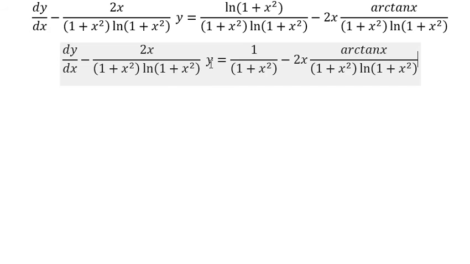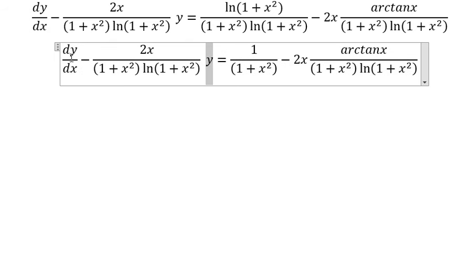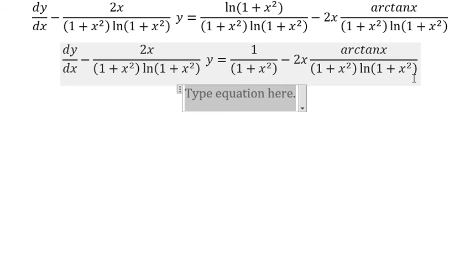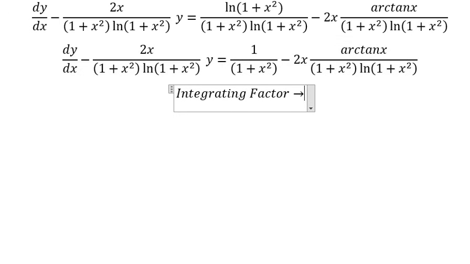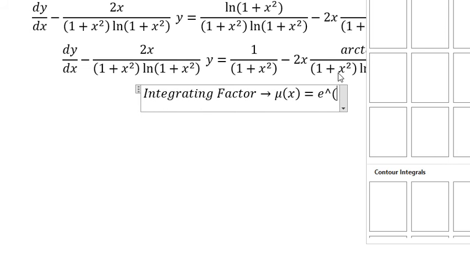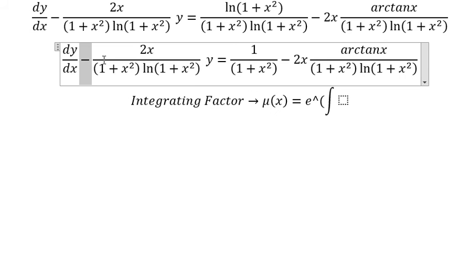So we have y and the first derivative of y. So we can use an integrating factor. So we need to find mu of x equals e to the power of the integration of this one in here.